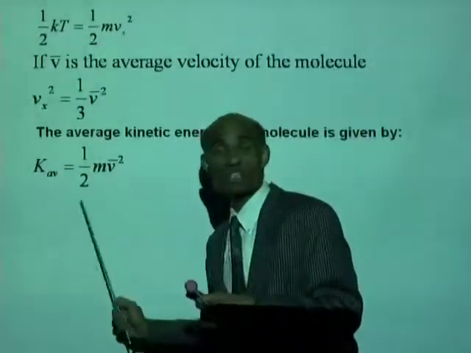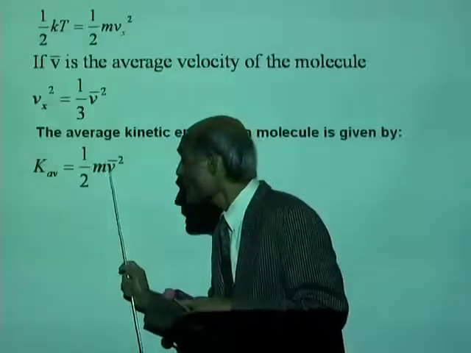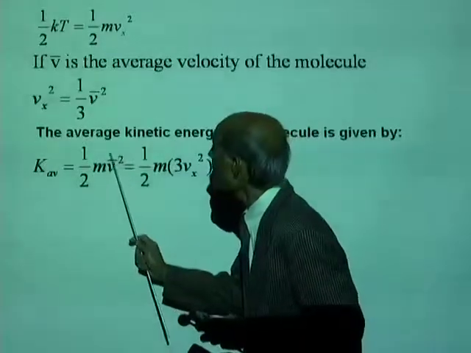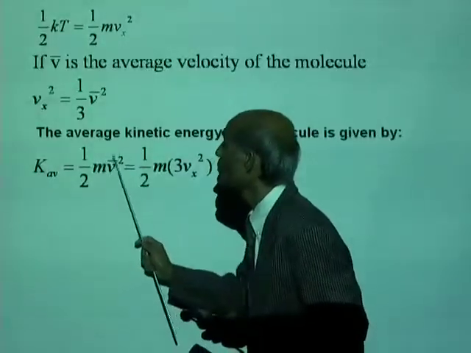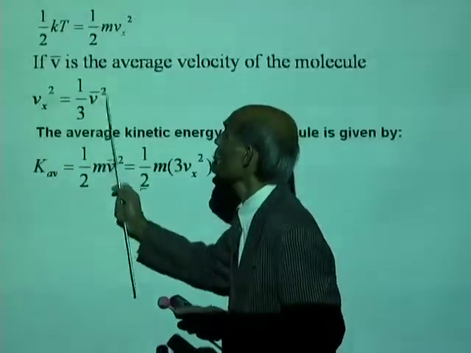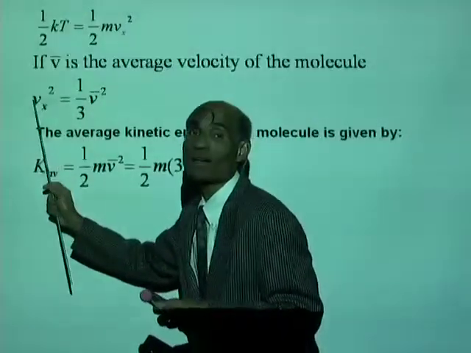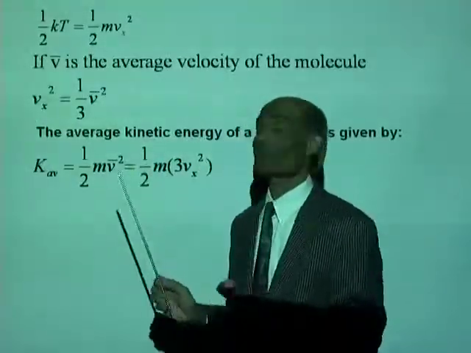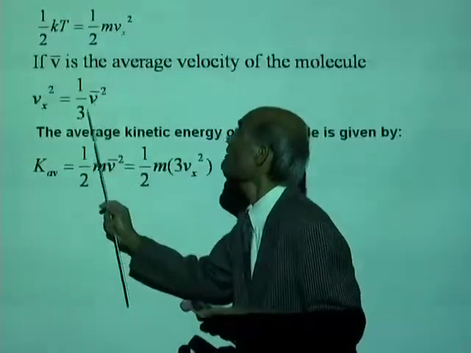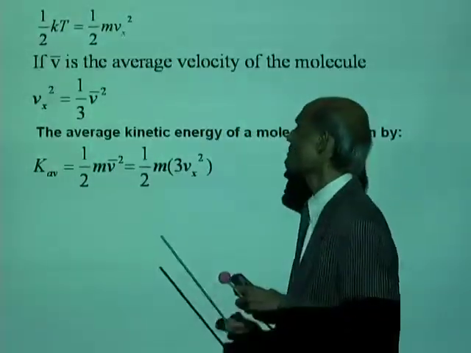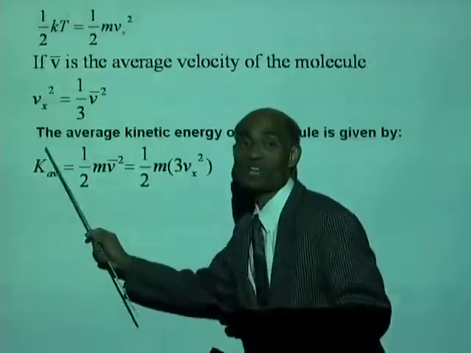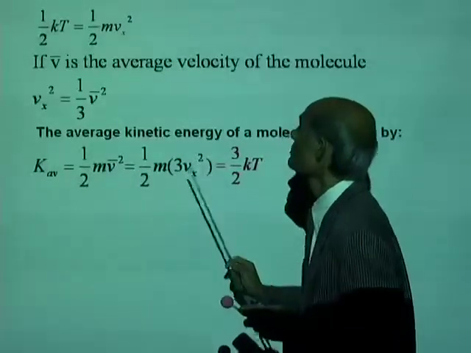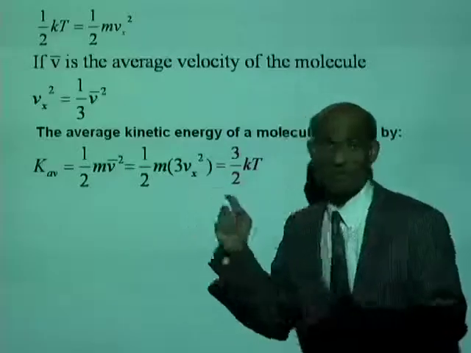This is the average kinetic energy of a molecule, where v bar is its average velocity. Now, I'm going to replace this v bar squared. Because we said vx squared is 1/3 of v bar squared, v bar squared, therefore, is 3 times vx squared. So the average kinetic energy of a molecule is 3 over 2. Well, let me write that step for you.